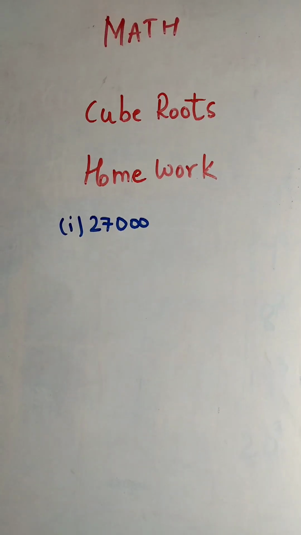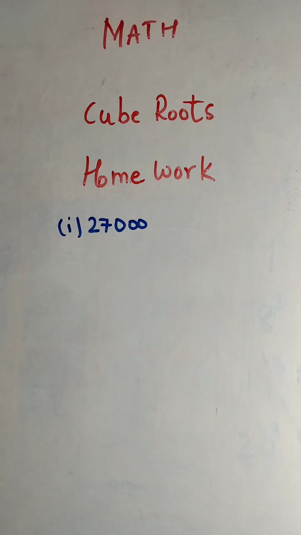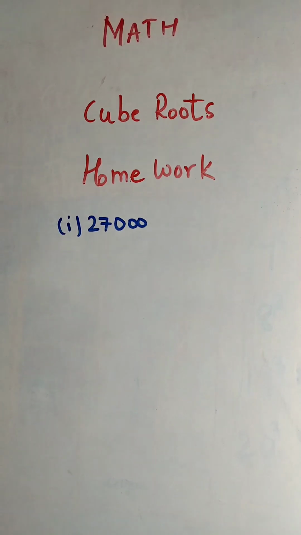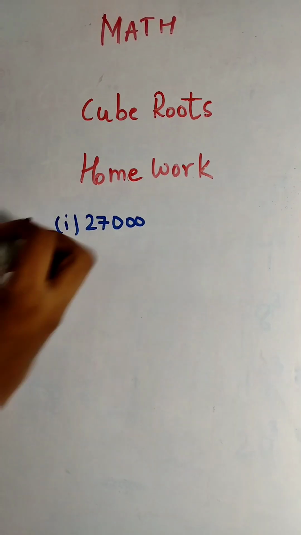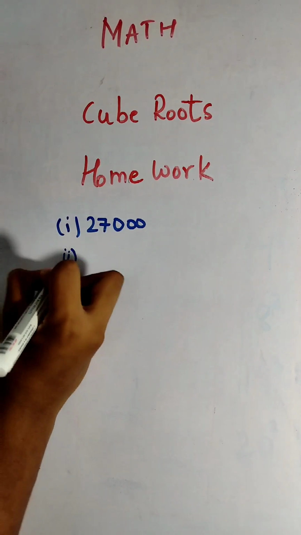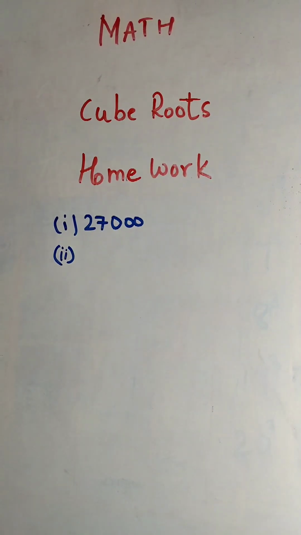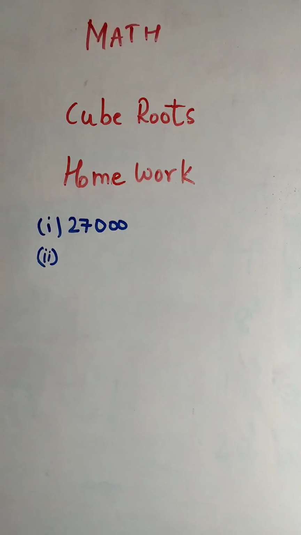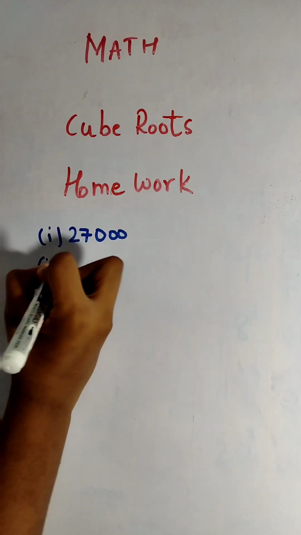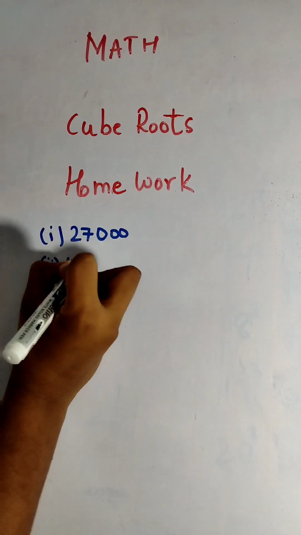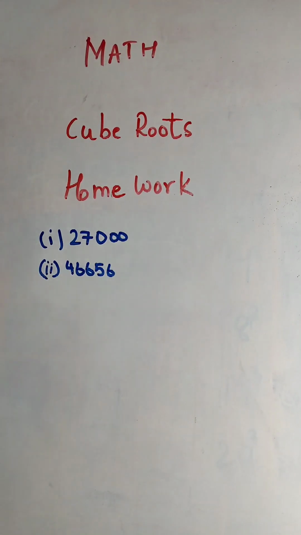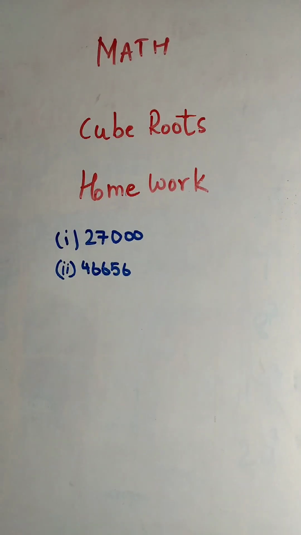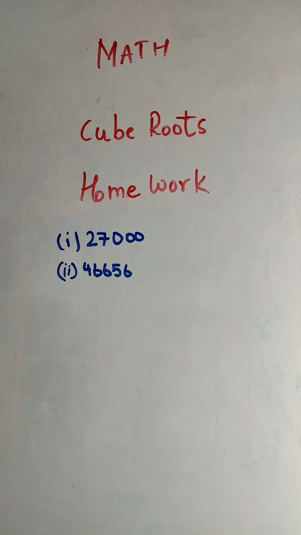I want the exact cube root of this number using the method of prime factorization. I'll give you another homework to do using the prime factorization method itself, and this number is 46,656. So you can go ahead and try this. This is also very simple.